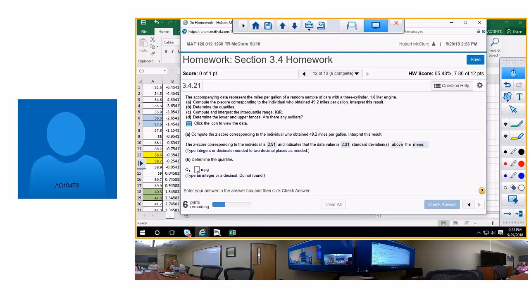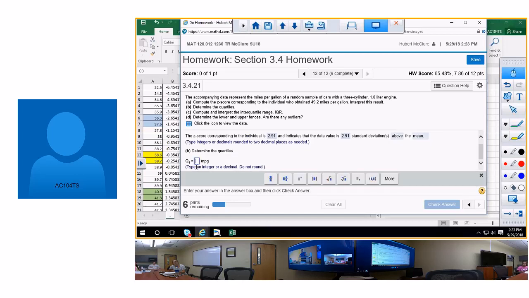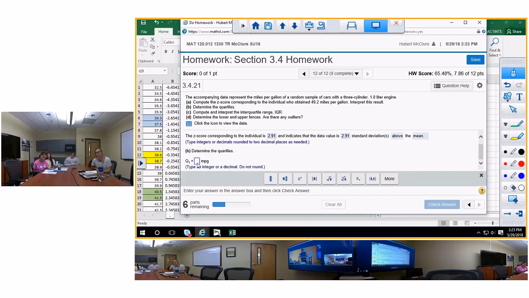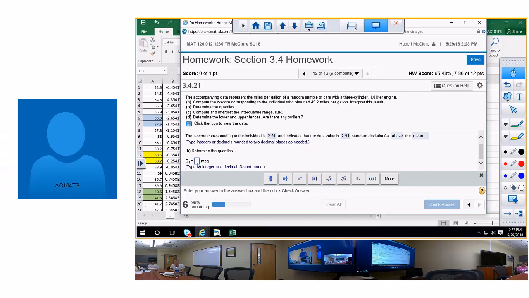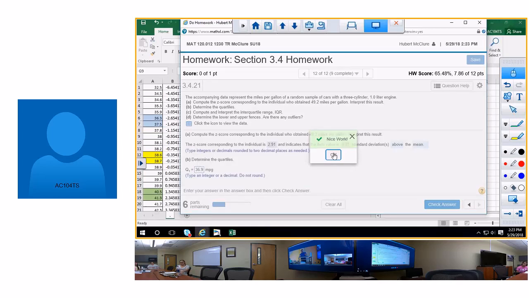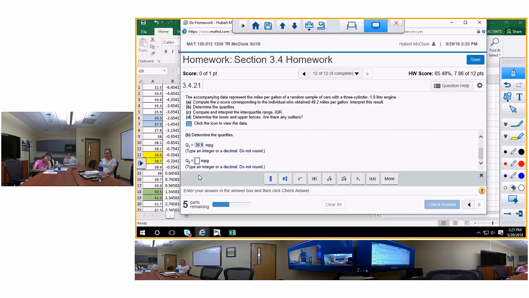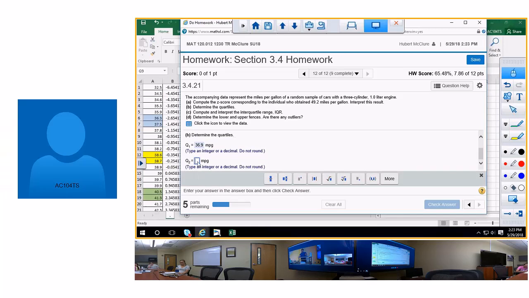Determine the quartiles. What was our first quartile? 36.9. What's the second quartile? 38.7.